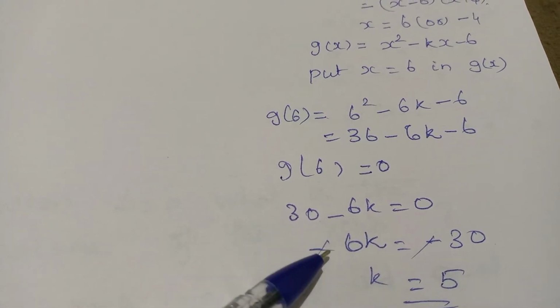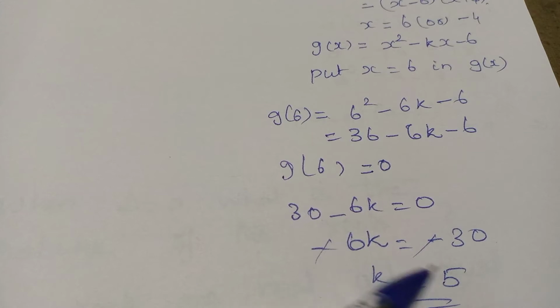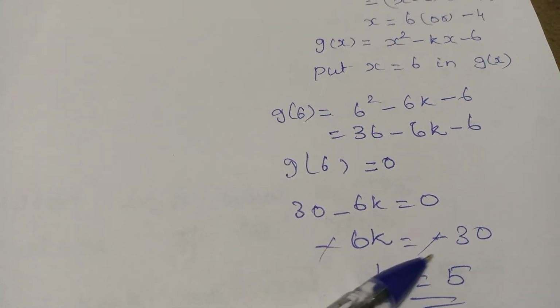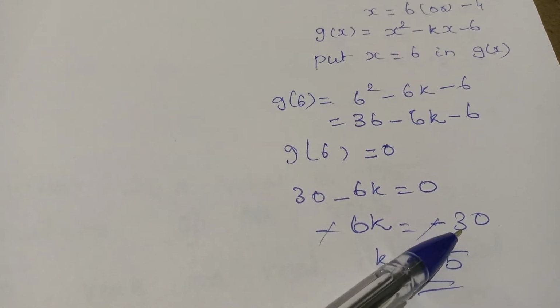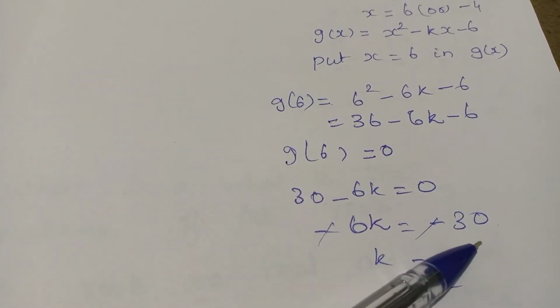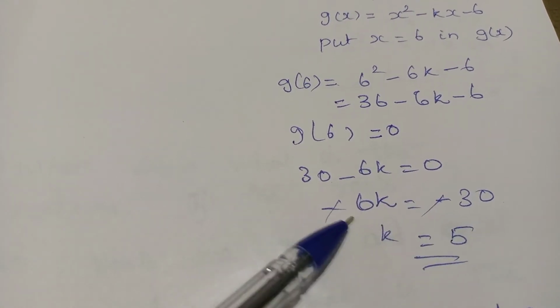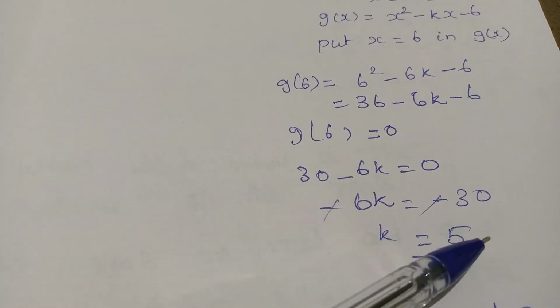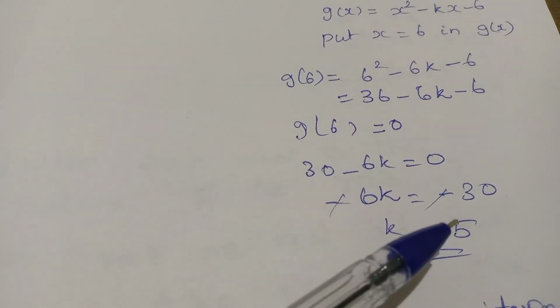We have minus 6k equal to minus 30. Since there is a minus on both sides, we can cancel it. Remaining, we have 6k equal to 30. So k equal to 30 by 6. Using the 6 table, 5 sixes are 30, so k is equal to 5. Understood, students? Next question.